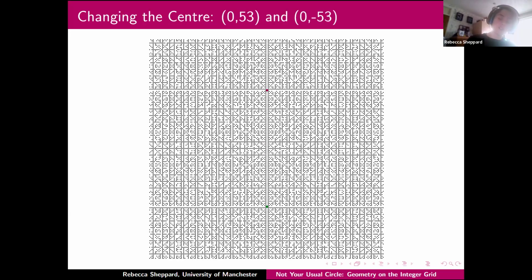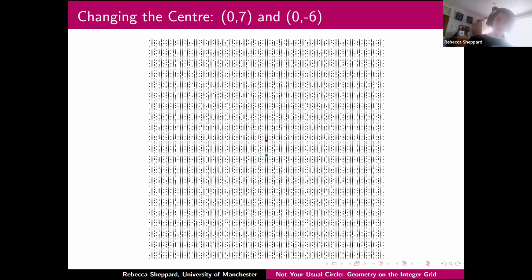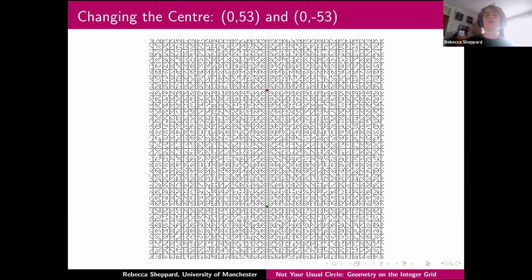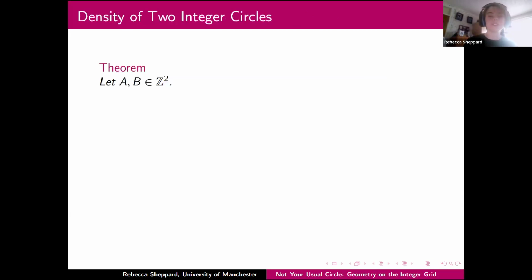And if we take them even further away, we have another picture, which again looks different. If you sort of squint your eyes at them, you can get a visual guess at the density, but we don't want a visual guess, we want some formal definition.